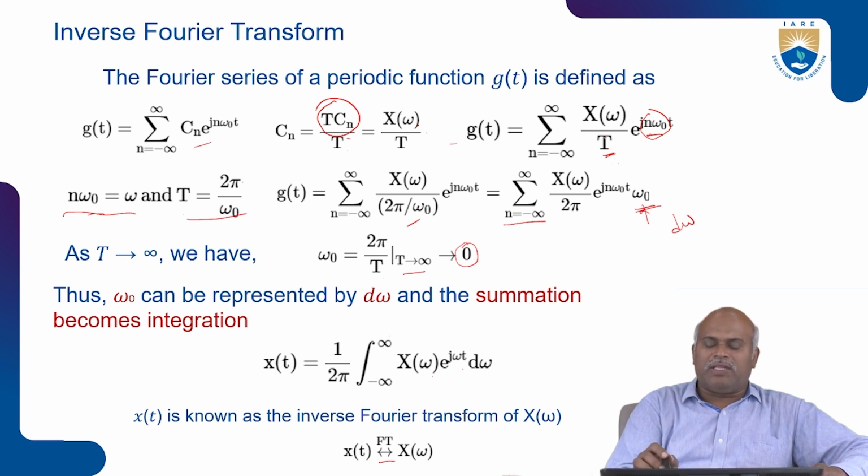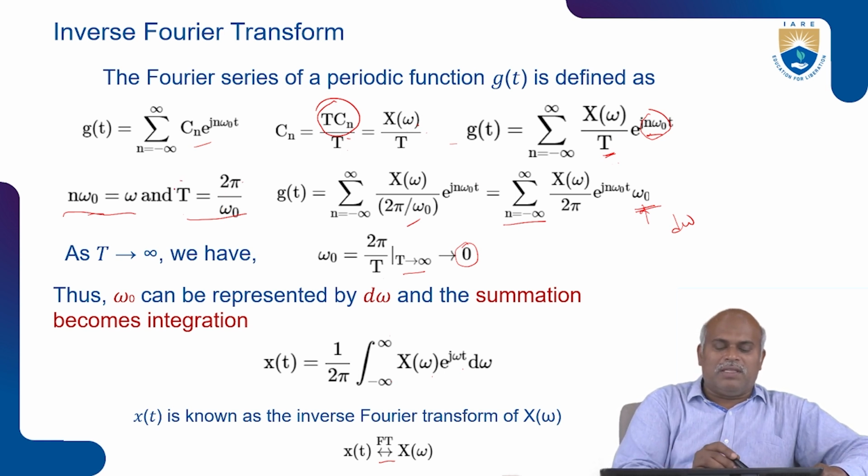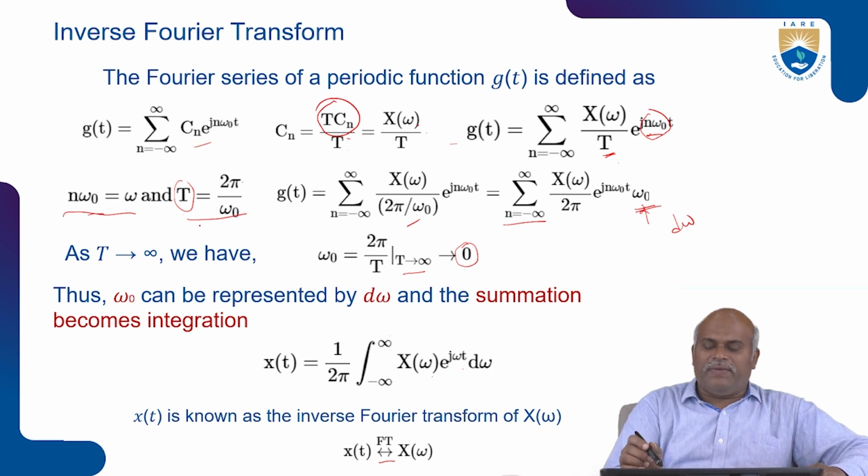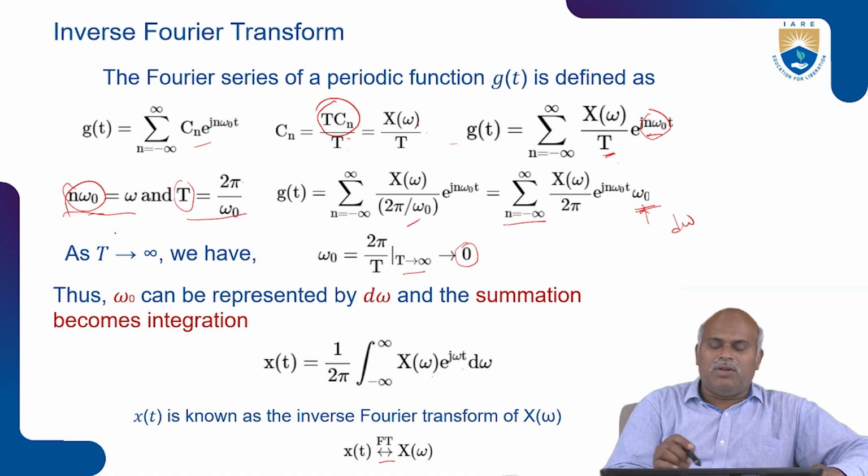We substitute both values, this T value as well as n omega 0. What happens? We get the summation from n equal to minus infinity to plus infinity of X of omega by 2 pi, e power j n omega t dt.